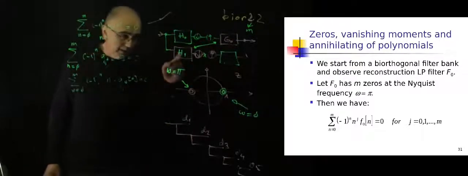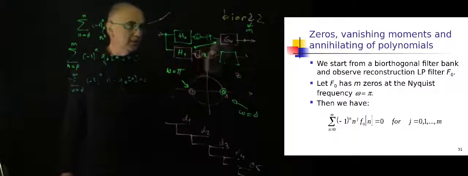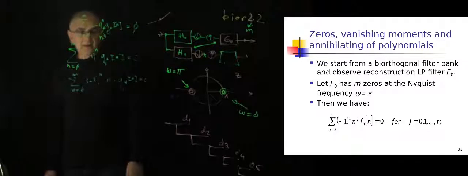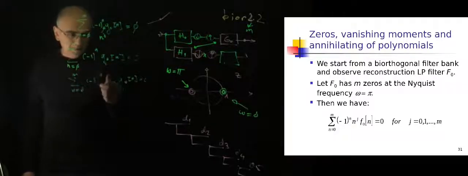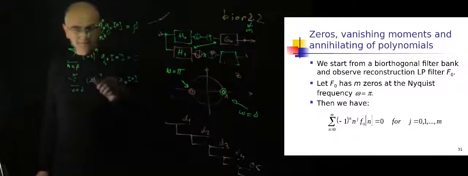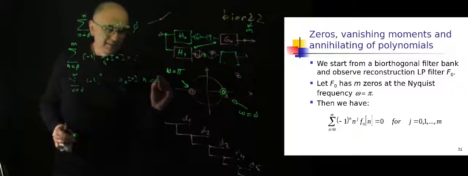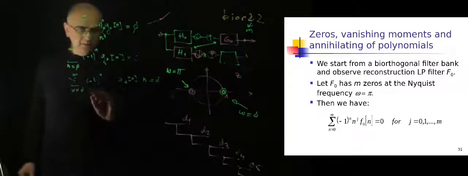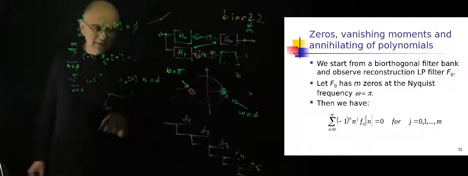Okay, how about this filter, H1? What is the secret connection between the two? That secret connection is right here. I'm going to move that to the right, and I can recognize that this is nothing else but H1.